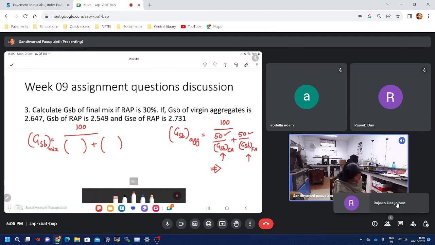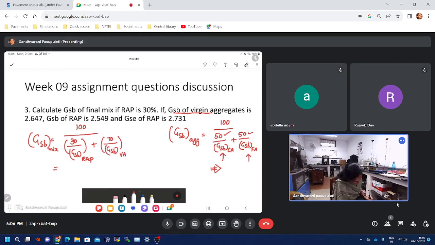It is mentioned that RAP is 30%. So 30% divided by the GSB of RAP, plus, if the RAP aggregate is 30% of the total mix, the remaining 70% should be virgin aggregates. So 70% divided by the GSB of virgin aggregates.